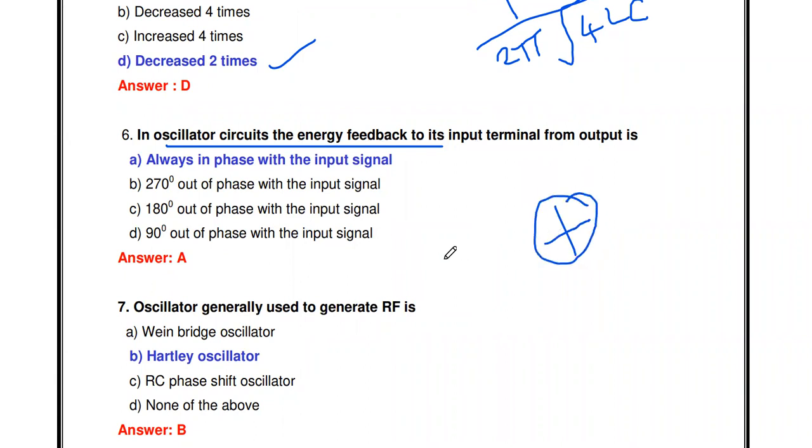Positive feedback means the input signal is in phase with the feedback signal, so these two signals are added and the added value is given to the amplifier. So in oscillator, the energy fed back to the input terminal from the output is always in phase with the input signal.